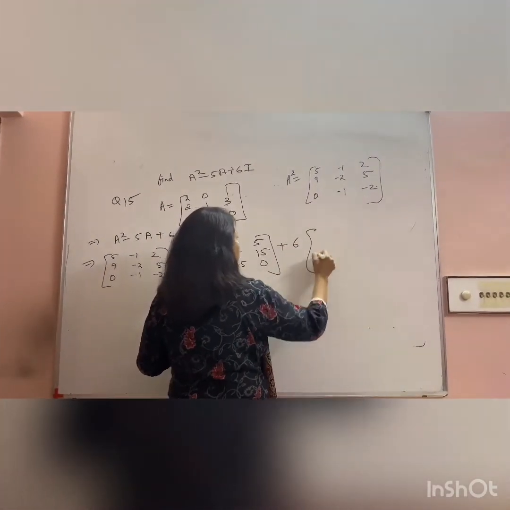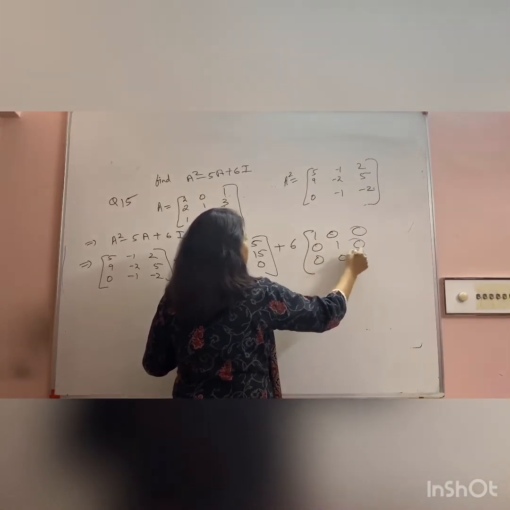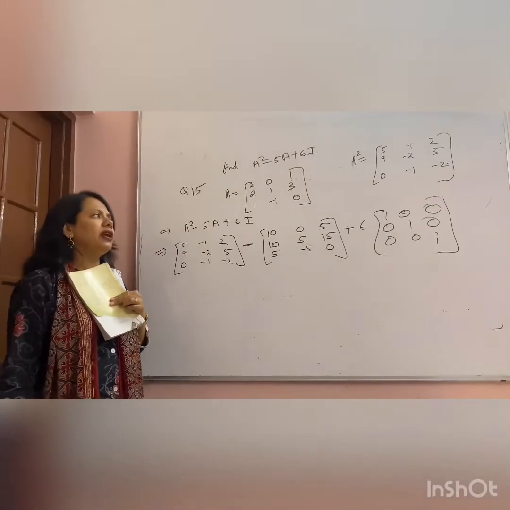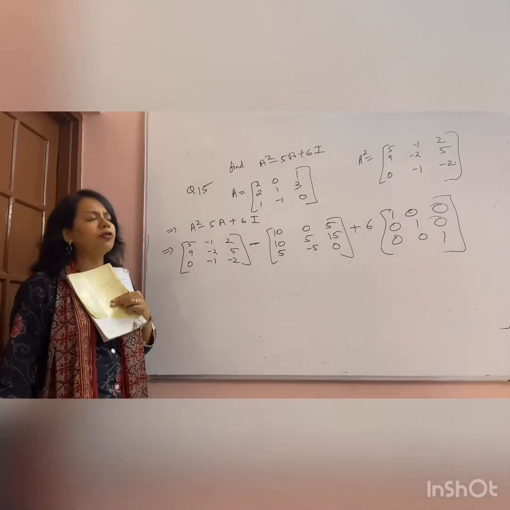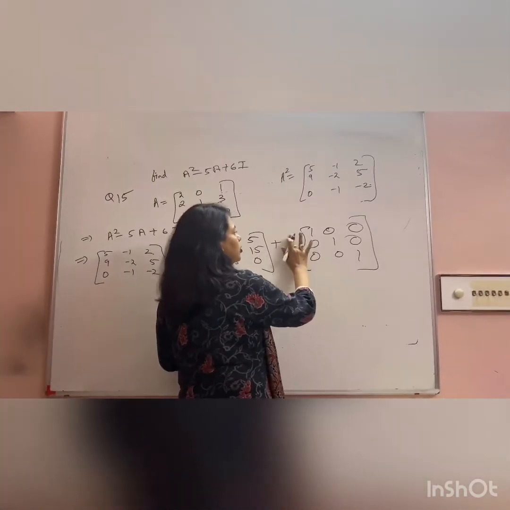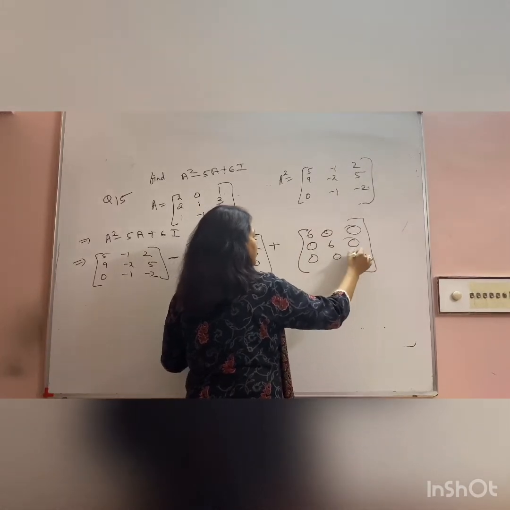Plus 6I. 6I means 6 into [1, 0, 0; 0, 1, 0; 0, 0, 1]. You will have to take an identity matrix of order 3, that means I3. So now for 6I, this 6 goes inside, so this becomes 6, 6 and 6 on the diagonal.